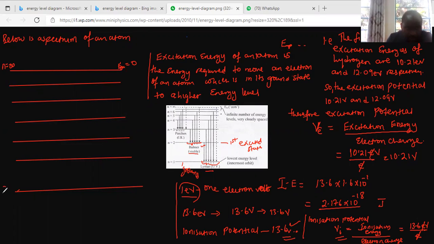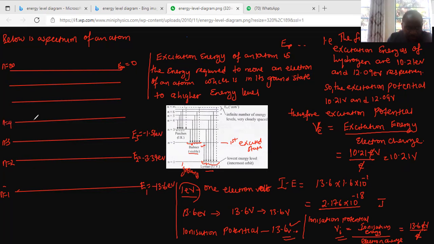Then, when n is 1, the ground state, we have energy E1, which is equal to negative 13.6 eV. When n is 2, E2 is equal to negative 3.39 eV. When n is 3, E3 is equal to negative 1.51 eV.